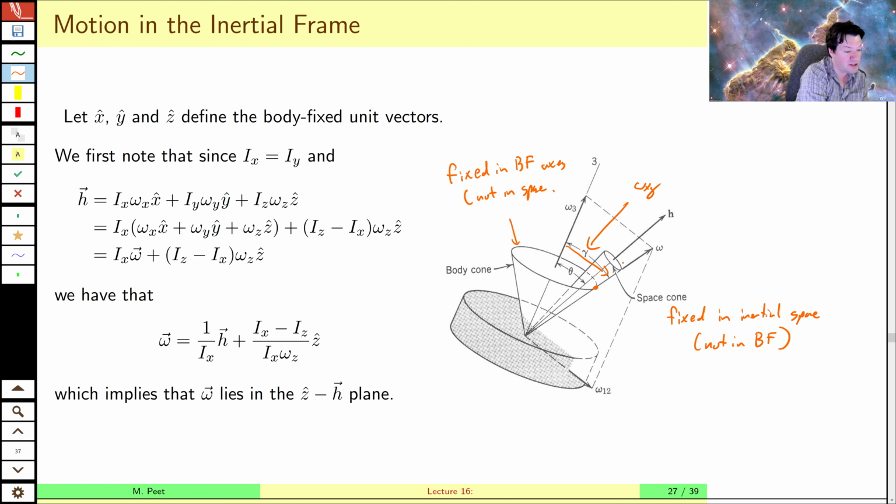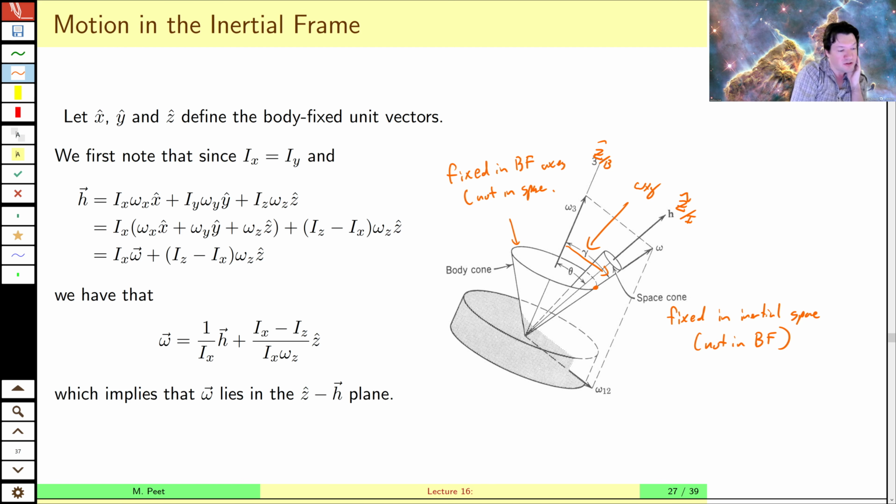Likewise, the space cone. So this is this h. That's going to define our z-axis in the inertial frame, and this is our z-axis in the body frame. Obviously we know what it is.